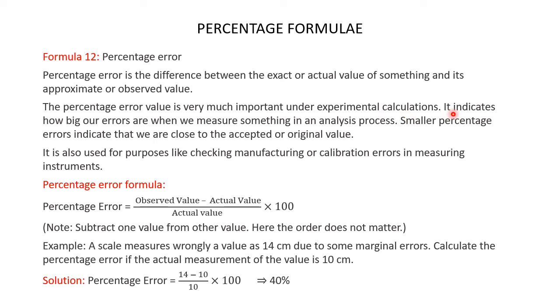It indicates how big our errors are when we measure something in an analysis process. Smaller percentage errors indicate that we are close to the accepted or original value. It's also used for purposes like checking manufacturing or calibration errors in measuring instruments.